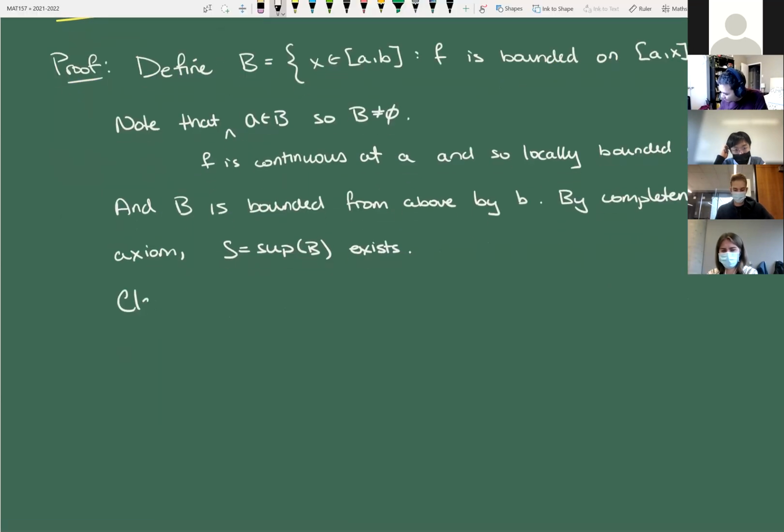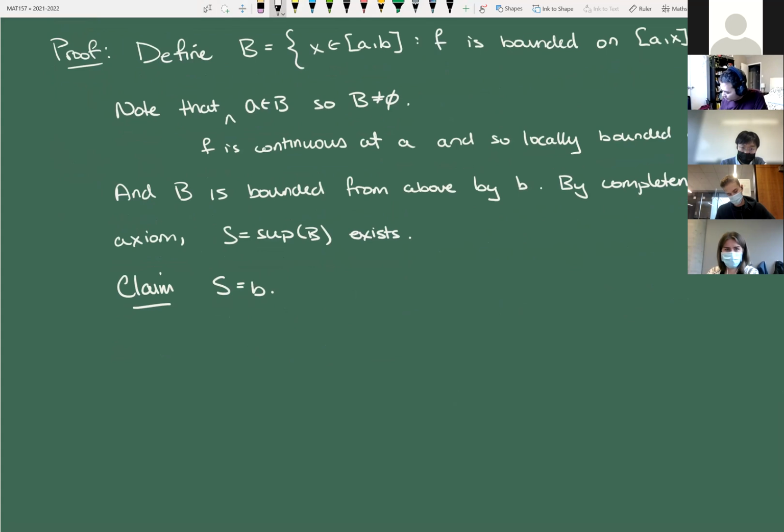So the claim is S is equal to b. Because if we do that, we're done, right? Then that means that f is going to be bounded on the whole interval AB. Okay, so for the sake of contradiction, suppose S is strictly less than b. Okay, same sort of proof as in uniform continuity. Since little b is an upper bound, we know that the least upper bound is less than or equal to it, right?